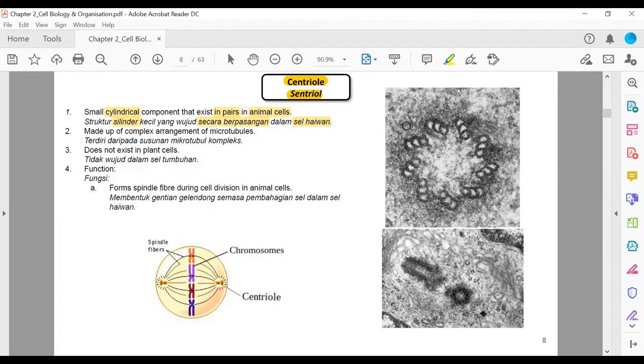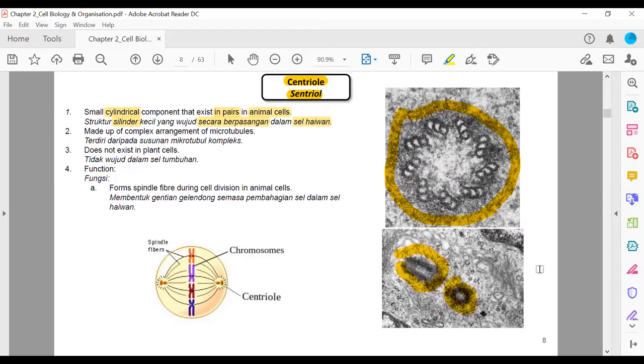Okay. Kalau kamu tengok gambar micrograph ini, ini ialah satu centriole. Only one. Dia ada bulat-bulat kecil ni, ada 3 bulat-bulat kecil ni. So this is one centriole. And pada gambar micrograph di bawah ini, this is one centriole and this is another one.